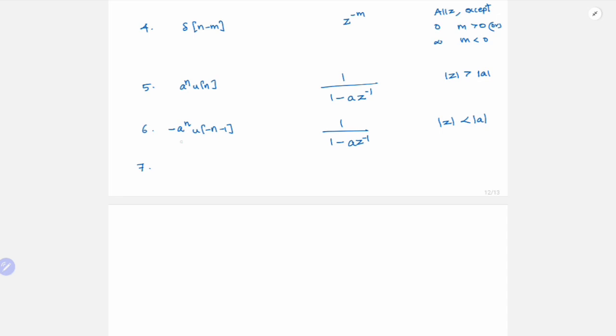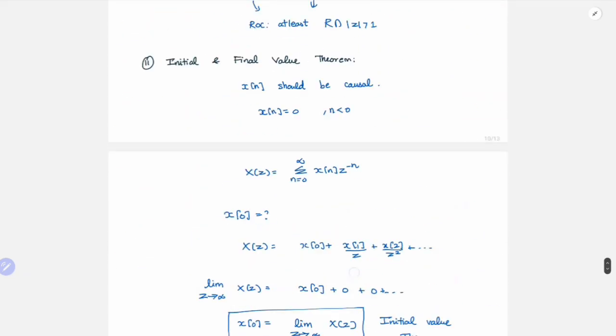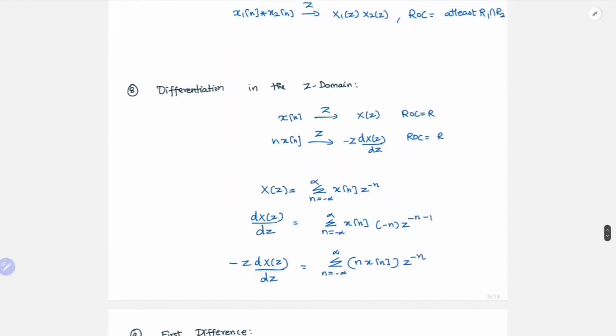So next, seventh one, if I add n a power n u of n, what am I gonna get? Using the differentiation in the z domain, right? What will I be getting? If my n x of n is gonna give me minus z dX of z by dz, right? We just saw it, correct?